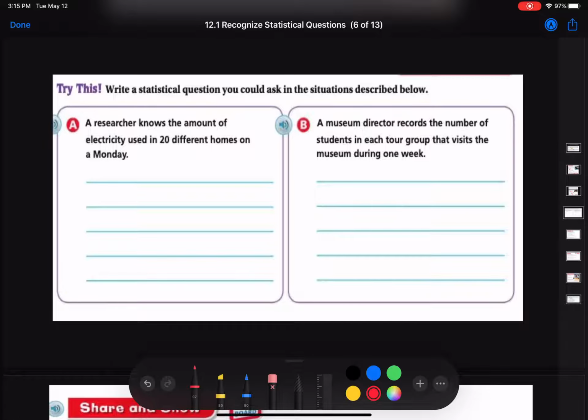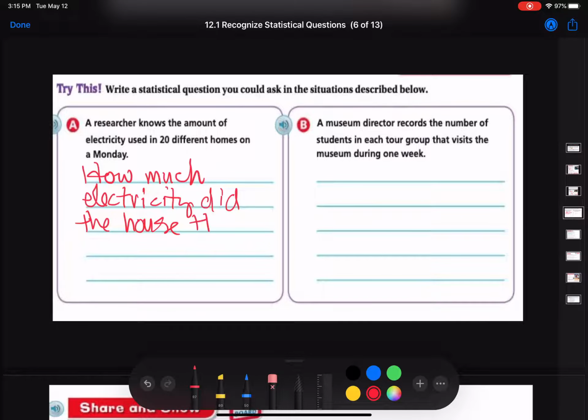So you got 20 different homes, so you could say, how much electricity did the house that used the most electricity use?